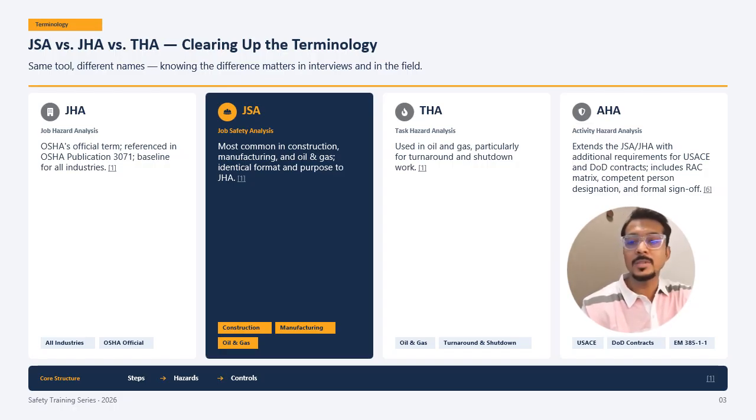AHA is activity hazard analysis. It extends JSA and JHA with additional requirements for USACE and DOD contracts, RAC metrics, and a competent person designated for formal sign-off. So this training session will be structured by step, hazard, and control. That is the way we will go.